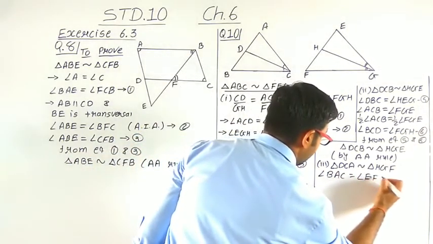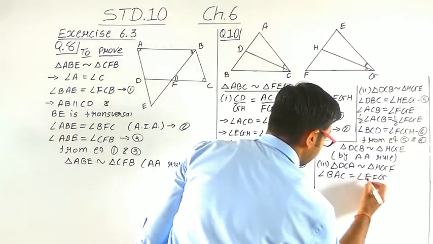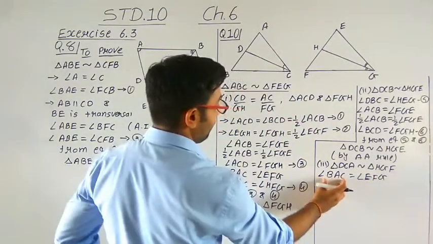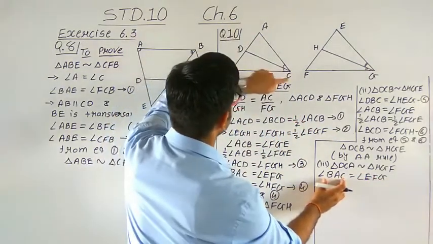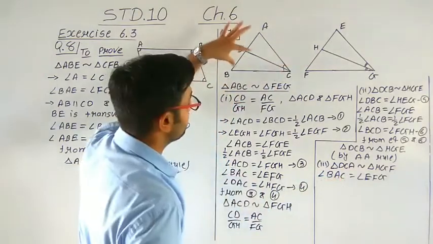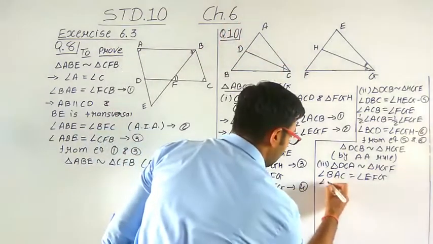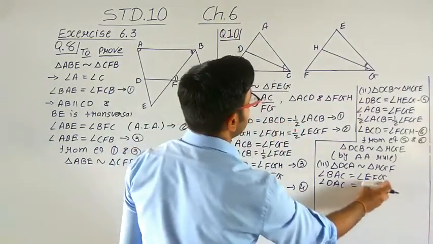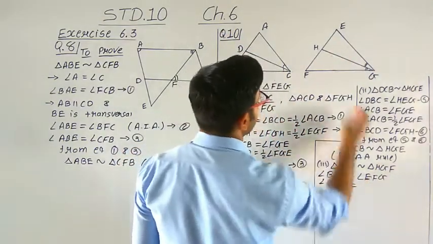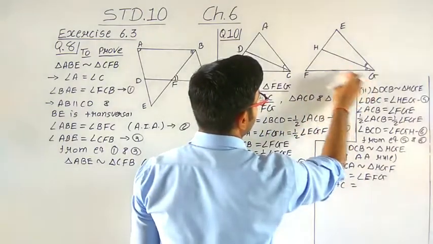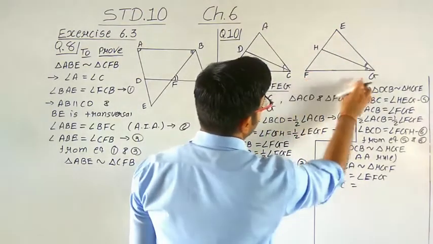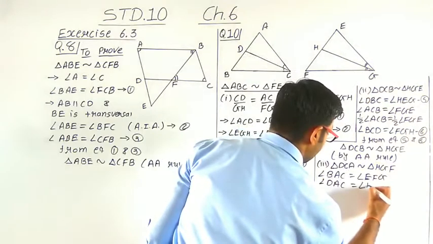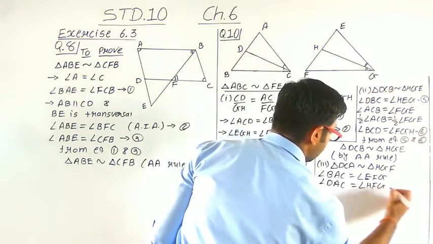Now instead of BAC we can write DAC, because B and D are collinear, and instead of EFG we can write HFG. Angle HFG. Right?